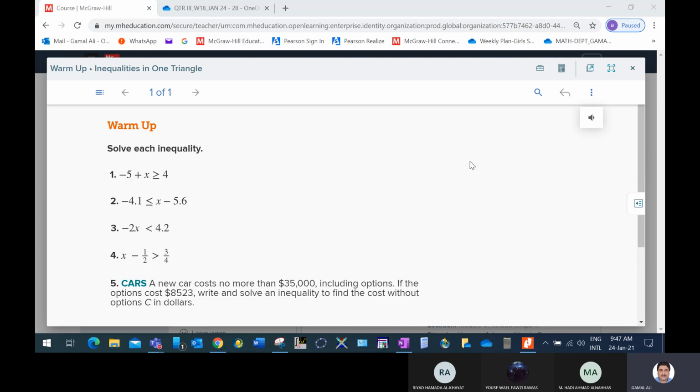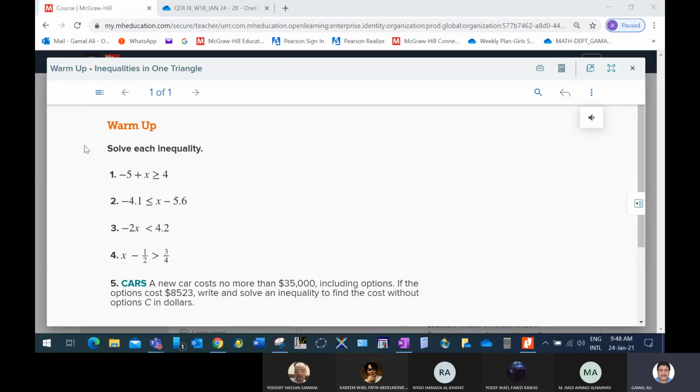But here you have only one thing that is different. If you multiply or divide the inequality by a negative number, you have to reverse the sign of the inequality.